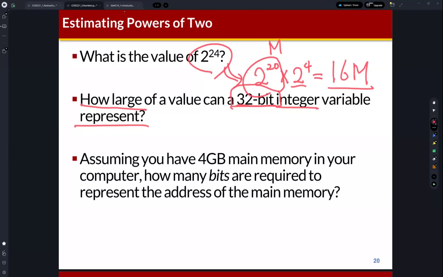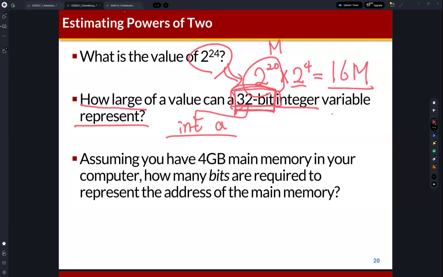Okay, so for example, int a means that the variable a is declared as integer type number, but we just assign 32 bits to the integer data type.